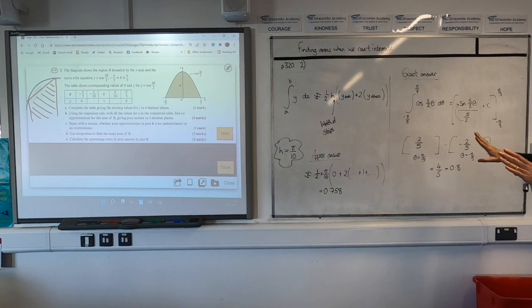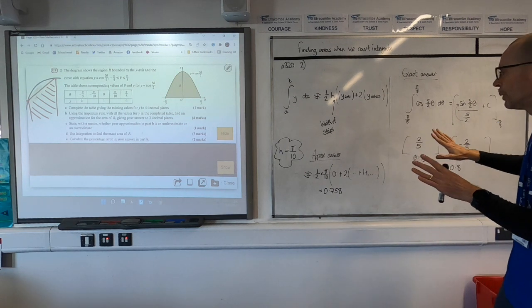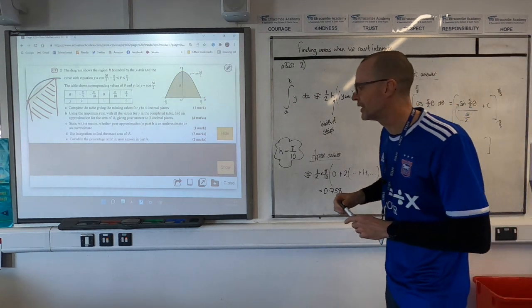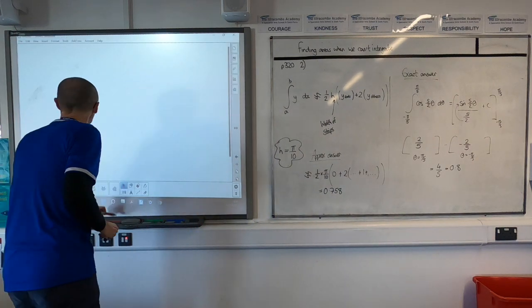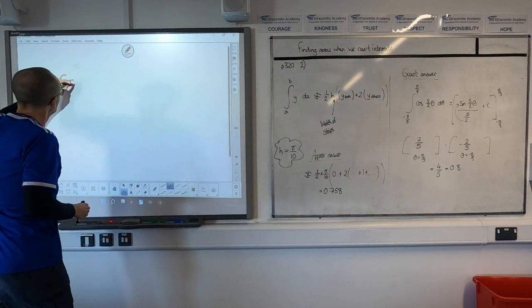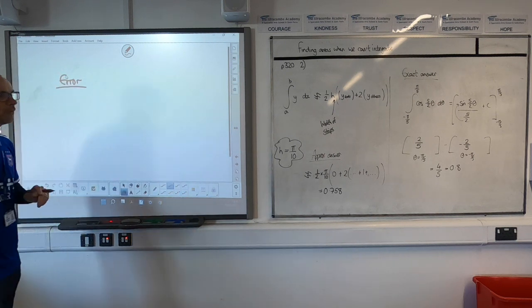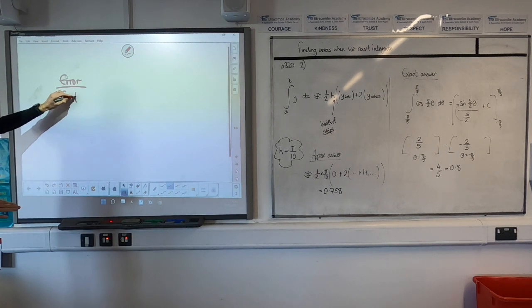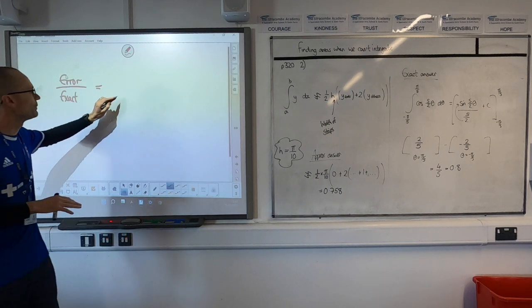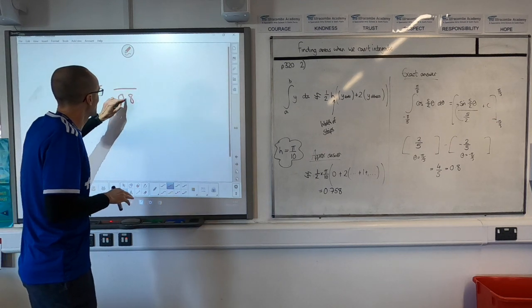So to work out percentage error, we need to say, right, how wrong was our use of the trapezium rule? And let's put that as a fraction over the exact answer. So the exact answer goes on the bottom, 0.8 in this case.